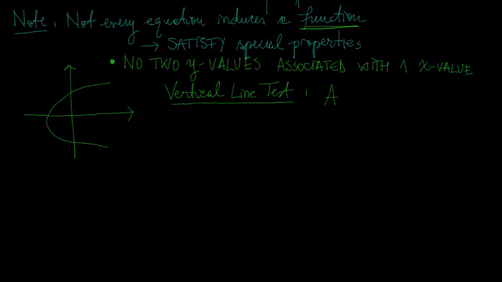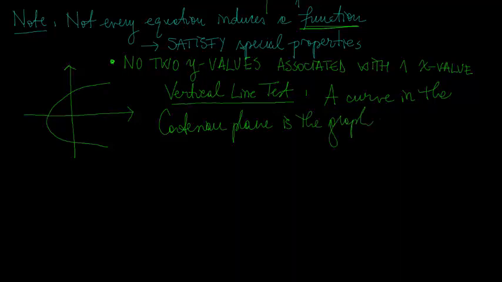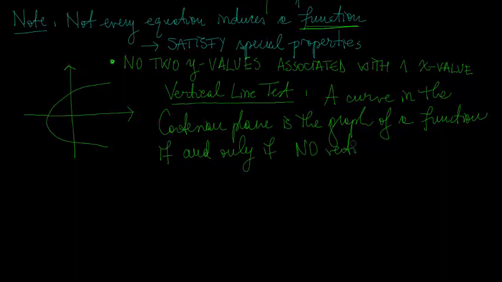We say a curve in the Cartesian plane is the graph of a function if and only if no vertical line intersects the graph at more than one point.